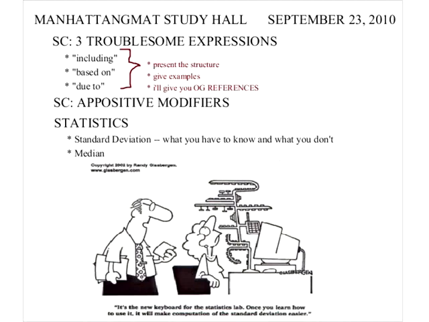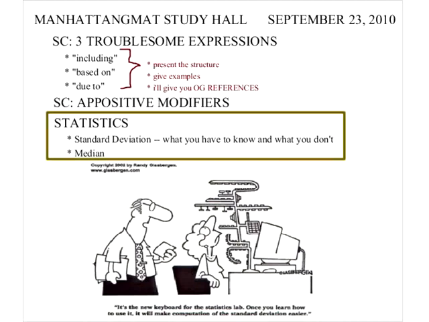I actually thought we would get through these 3 expressions in like 15 minutes, but apparently not. It's already been over an hour. We're going to delay that to the next study hall, which is going to be October 7th, I think.